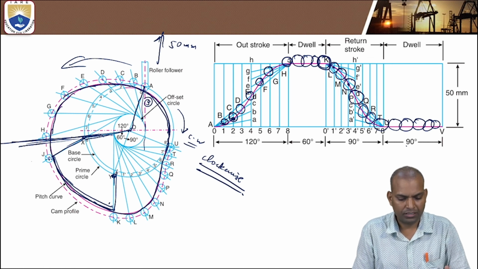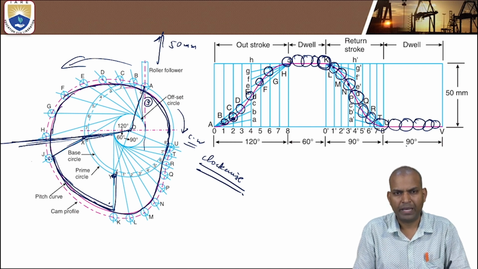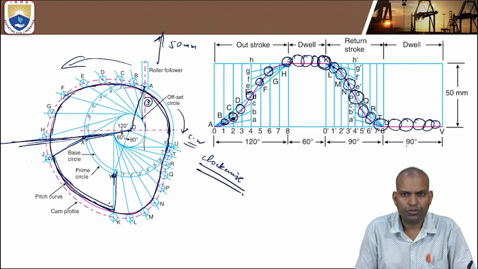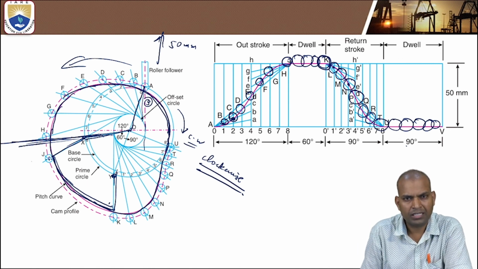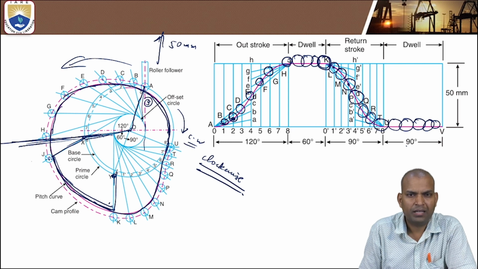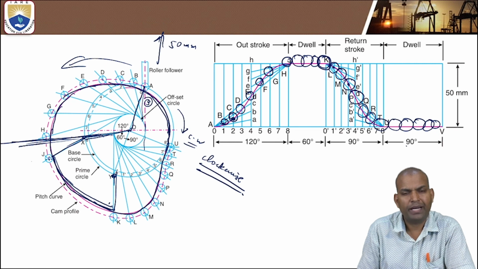So with this we completed the cam profile, how to draw the cam profile when the follower is under uniform velocity and uniform acceleration and retardation, with outstroke angle of 120 degrees, dwell next to outstroke of 60 degrees, return stroke of 90 degrees and the remaining 90 degrees of rotation for the dwell, and lift of the follower is 50 millimeters, the diameter of the roller is 10 millimeters, the minimum radius of the cam is 50 millimeters and offset by 20 millimeters.